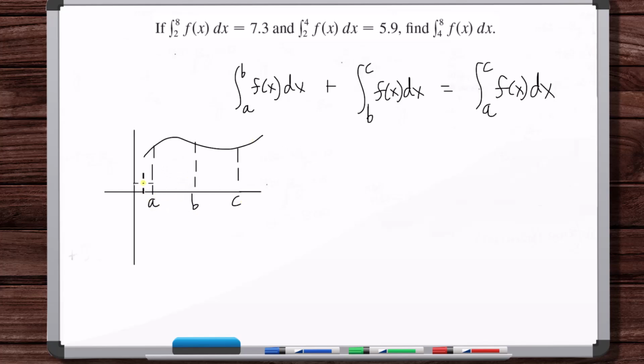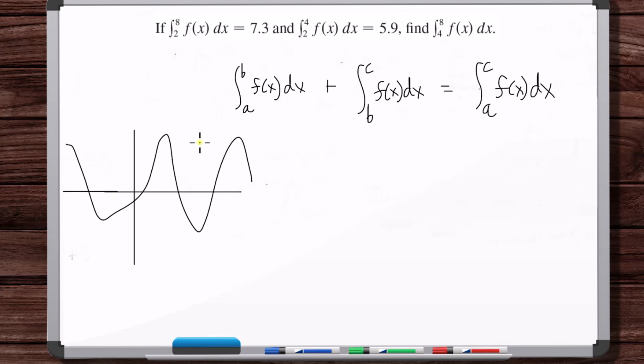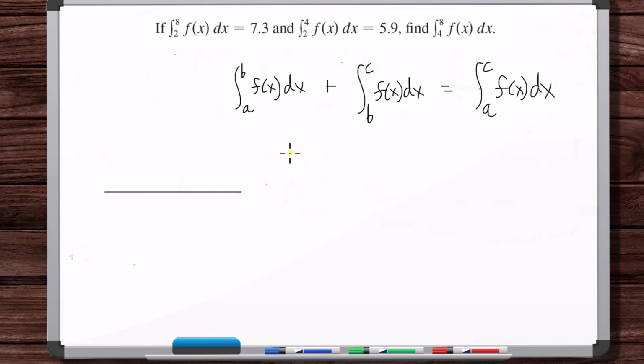But what about the whole net area idea? What if you've got a's or b's or c's that are negative, and you're crisscrossing above and below the x-axis? Then what's the case? This applies in general for all scenarios. This is universal.